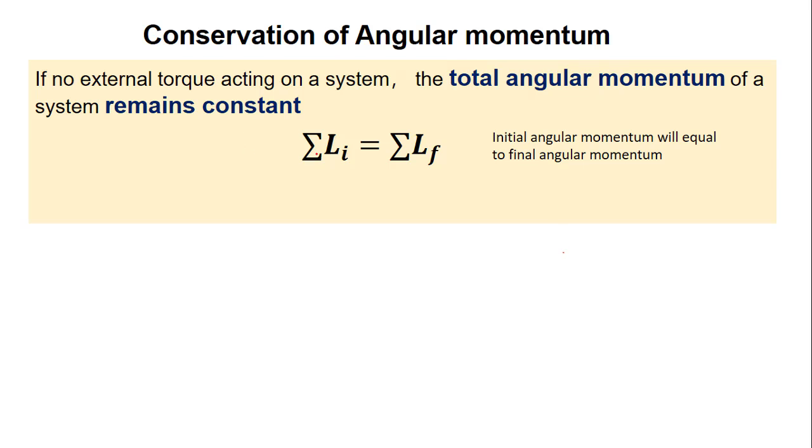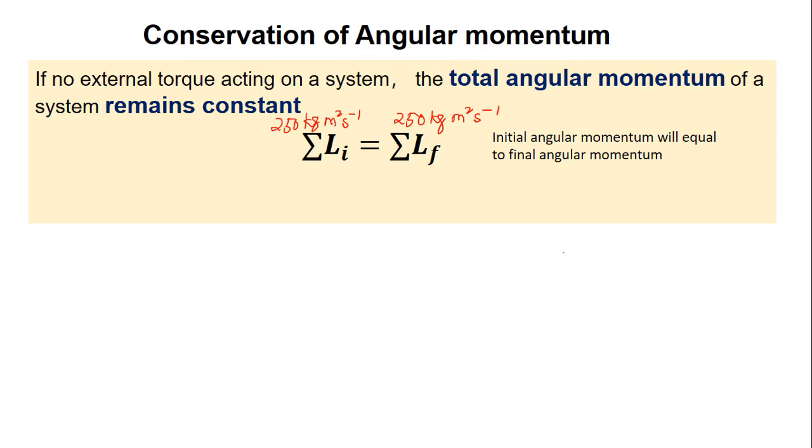This means that if initially I have 250 kg meter squared second minus 1 of angular momentum, then finally I must also have an angular momentum equal to 250 kg meter squared second negative 1.